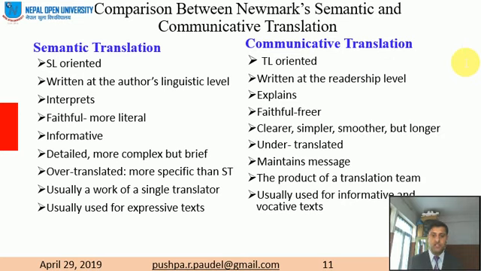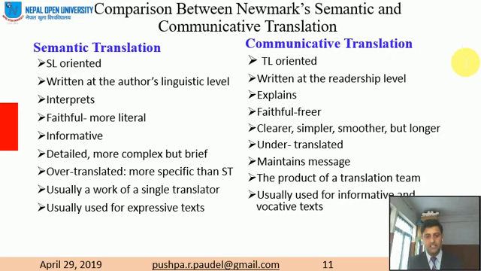Semantic translation is source language oriented, whereas communicative translation is target language oriented. Semantic translation is written at the author's linguistic level, whereas communicative translation is written at the readership level. Similarly, semantic translation interprets, whereas communicative translation explains.